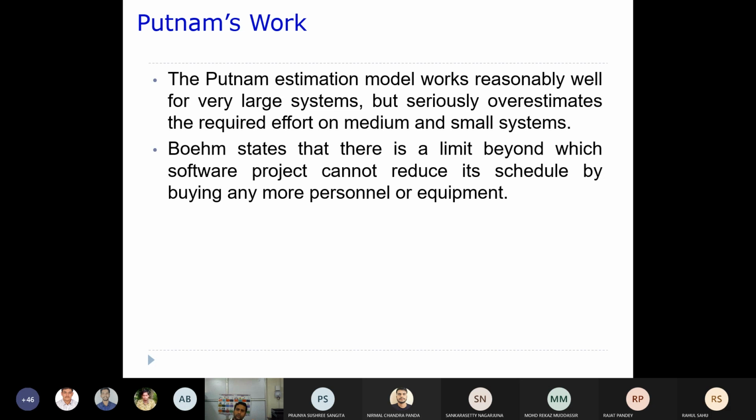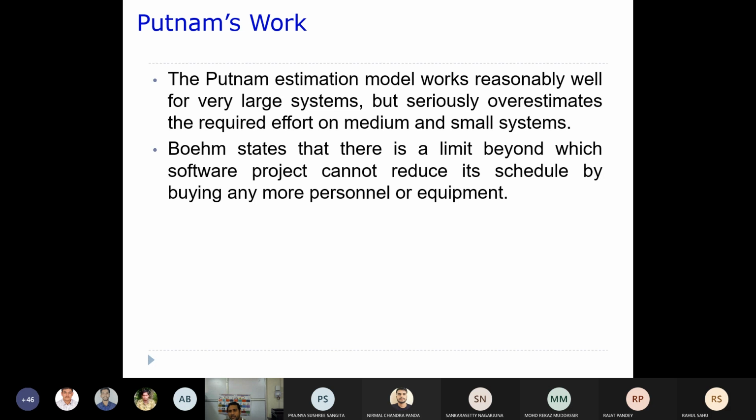So we can reduce by a certain amount. Within a particular activity, let's say the design phase, you can carry out a certain number of activities parallelly, but you cannot carry out design as well as coding all together. So that is the reason.